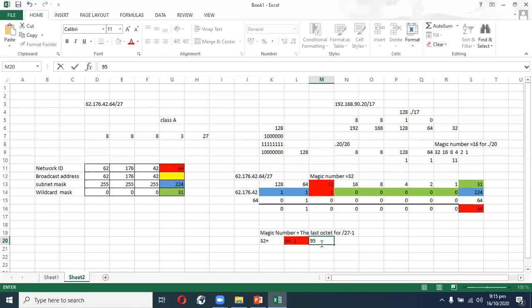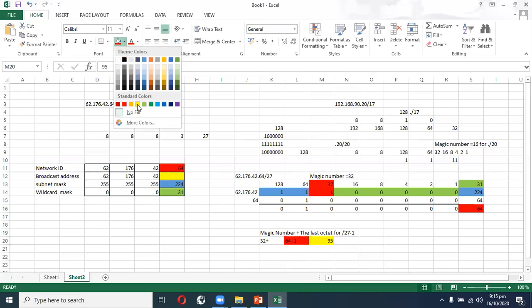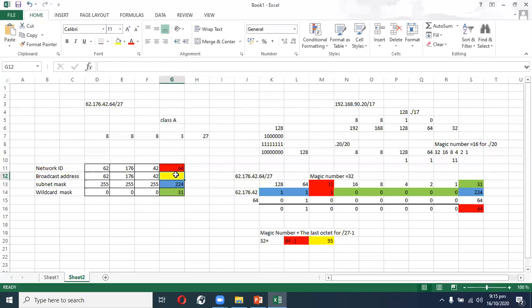So our last digit, make it yellow, is 95. Here you have completed the chart. This is the complete IP address breakdown. We have found the network ID, broadcast ID, subnet mask, and wildcard mask.